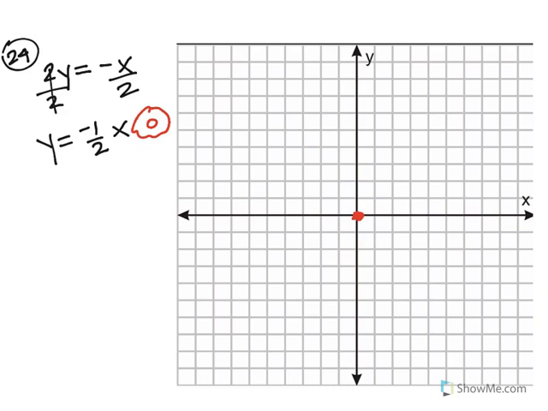So our slope is -1/2. This time my slope is negative, so I'm going to take care of the negative by going down one line. But if I go down one line, I still need to go to the right 2 lines. Do it again, go down 1, right 2.